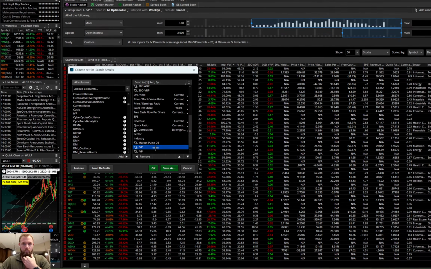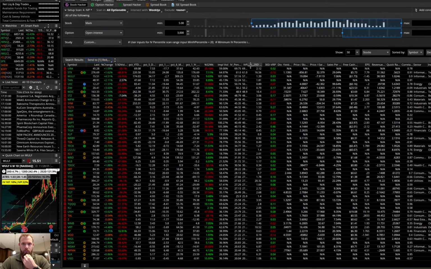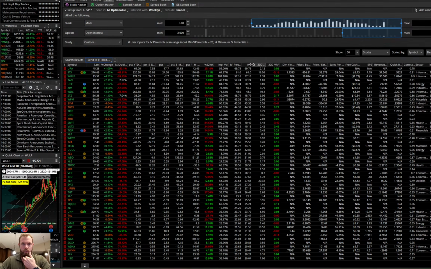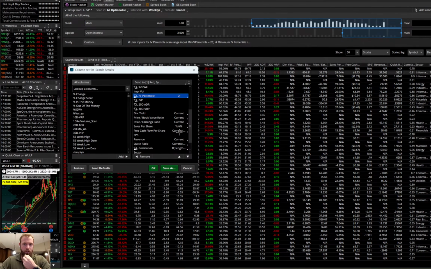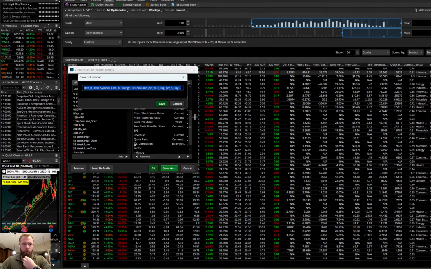I just want to compare these so that you can see the difference between a calculated implied volatility percentile. So these look the same. So this is using the built-in implied volatility percentile versus actually calculating it. So the way that we would fix that is simple.